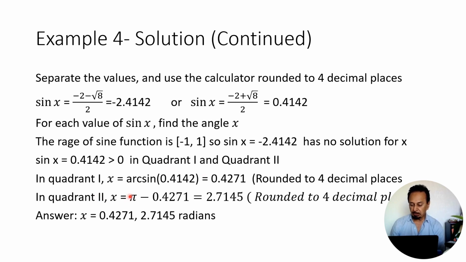So in quadrant 1, x is equal to arcsine of 0.4142, which is 0.4271, rounded to 4 decimal places. In quadrant 2, x equals pi minus 0.4271, which becomes 2.7145. So the answers are x equal to 0.4271 and 2.7145 radians.